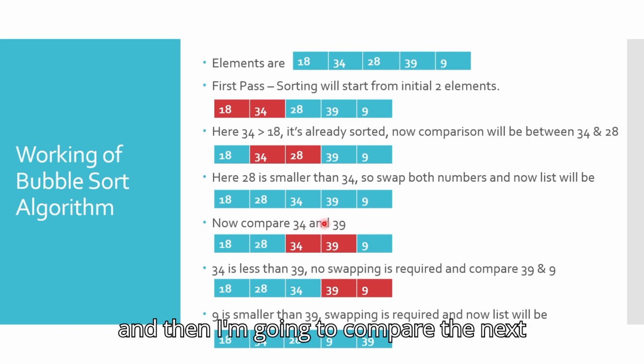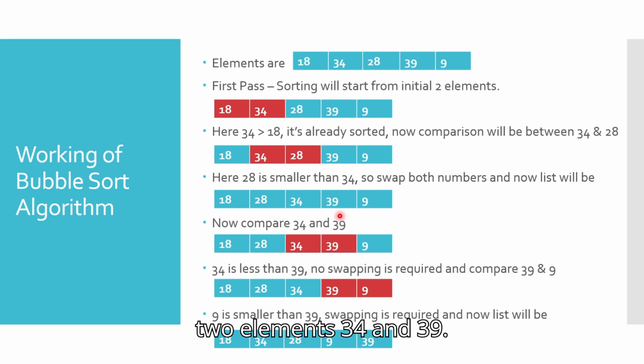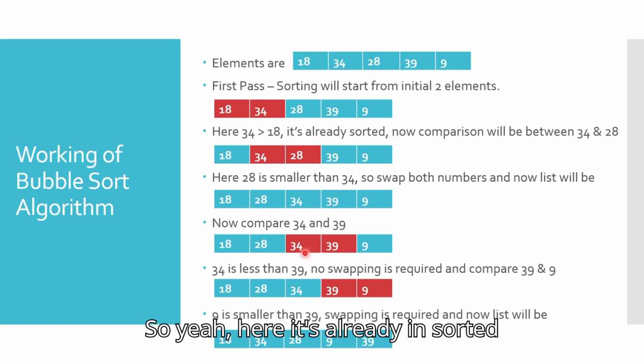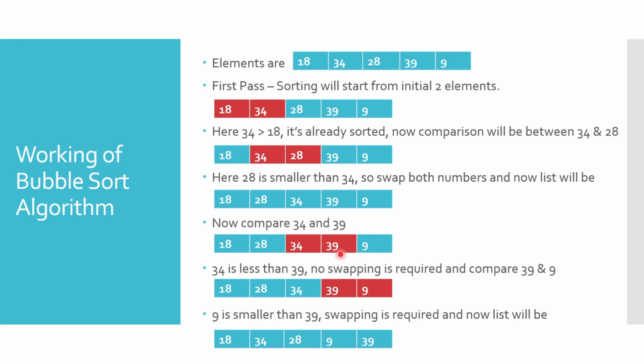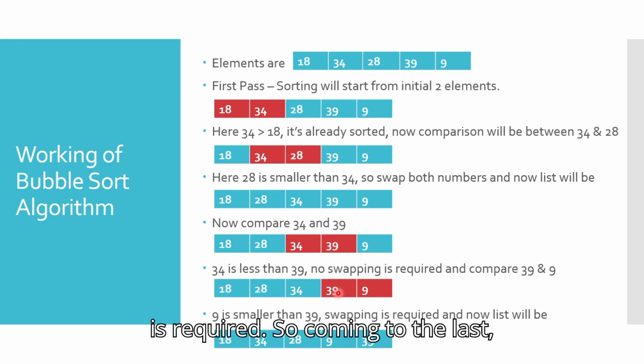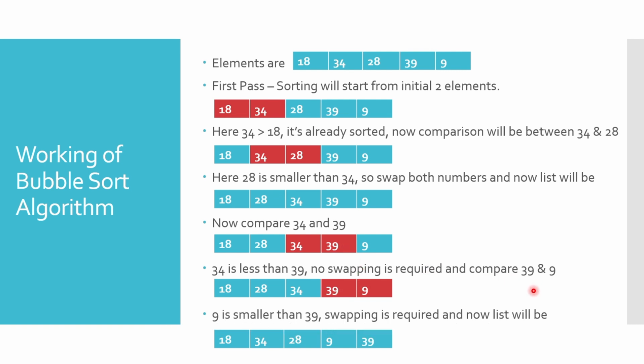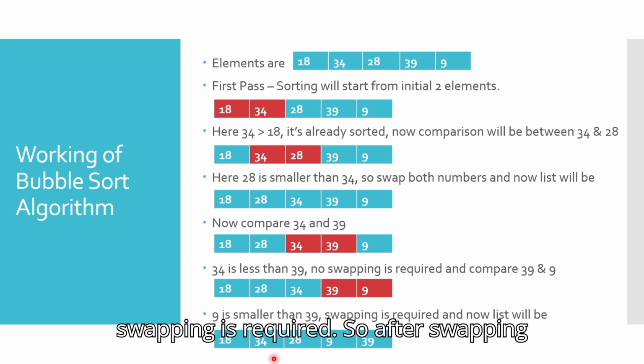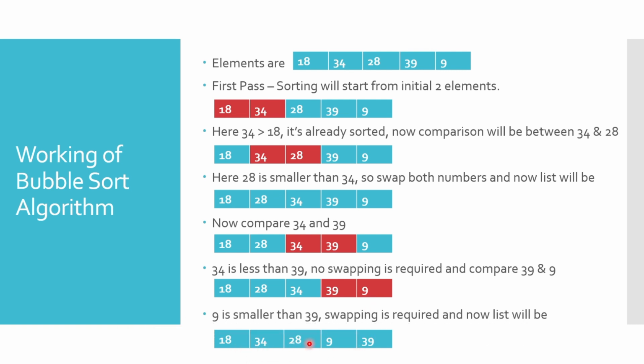Then I compare the next two elements, 34 and 39. Here they're already in sorted order, so no swapping is required. Coming to the last pair, 39 and 9. Here 39 is greater than 9, so swapping is required. After swapping, the elements are 18, 28, 34, 9, and 39.